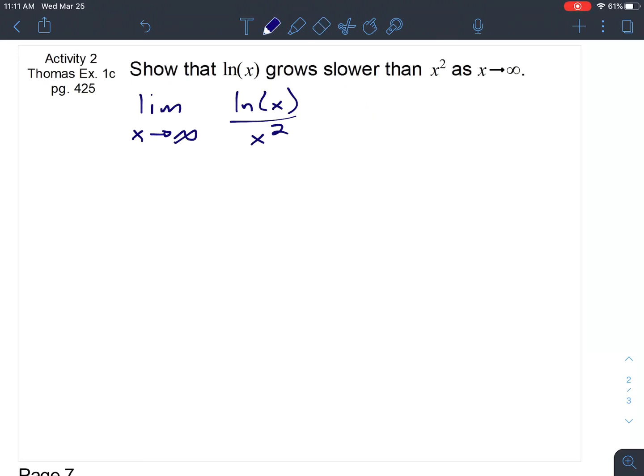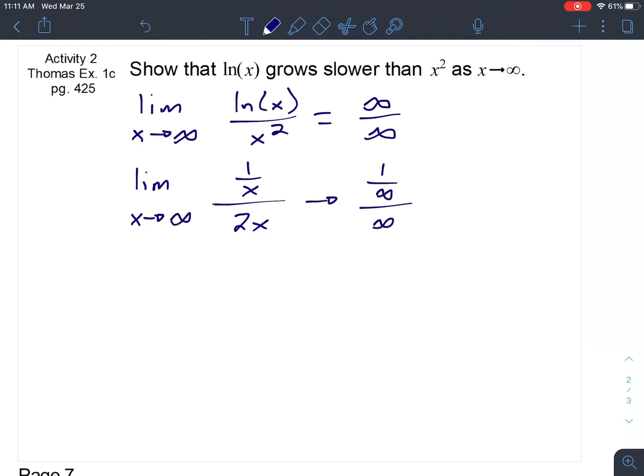So the first thing we put in infinity to each of them, well, the natural log of infinity is infinity. Infinity squared is infinity, so we're going to need to do L'Hopital's. The derivative of the top will be 1 over x. On the bottom we get 2x. And this time when we put in infinity, now this is not an indeterminate form. 0 divided by anything is supposed to be 0, and anything divided by infinity is supposed to be 0 as well.